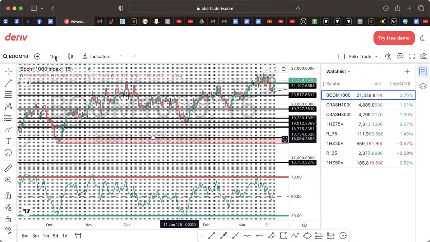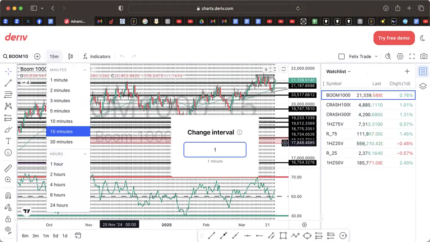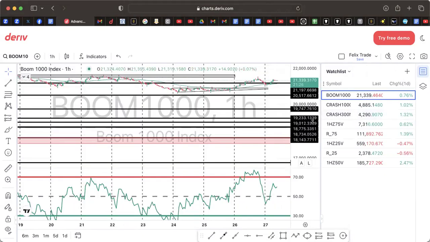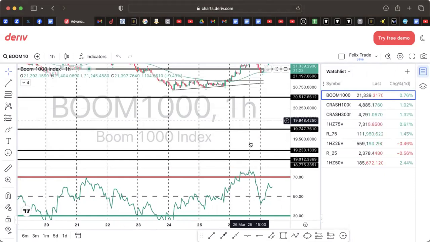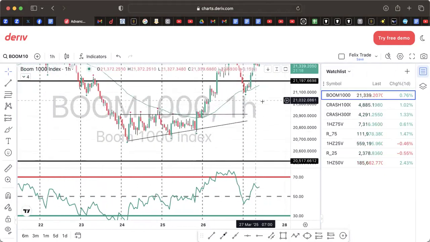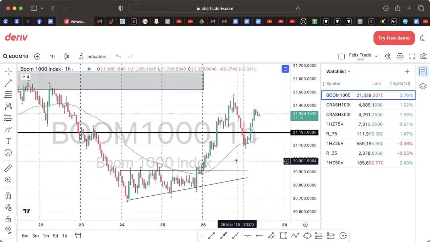So remember I said we trade boom and crash here. Okay, so here is boom and crash. I always have my key level marked.